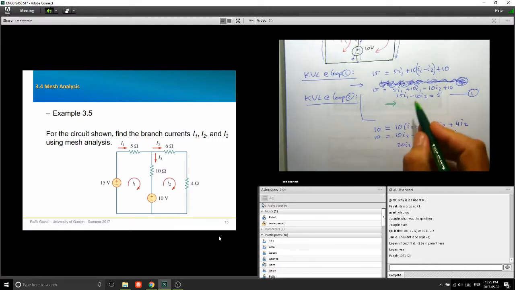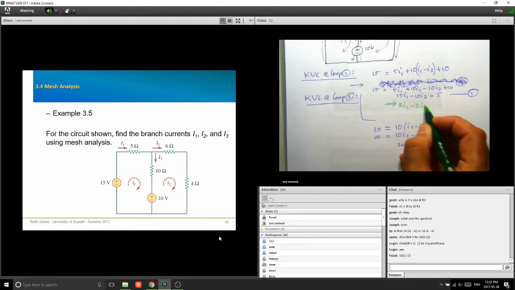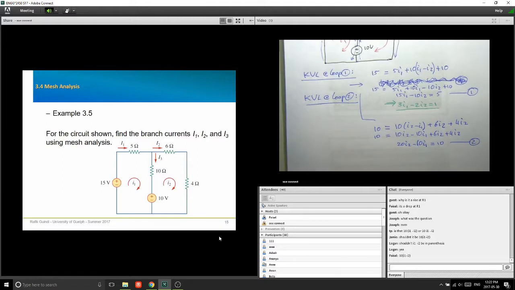Obviously, you can rework those equations. So this one, you could say this is 3I1 minus 2I2 equals 1. And this one you could say 2I2 minus I1 equals 1. So two simple equations.